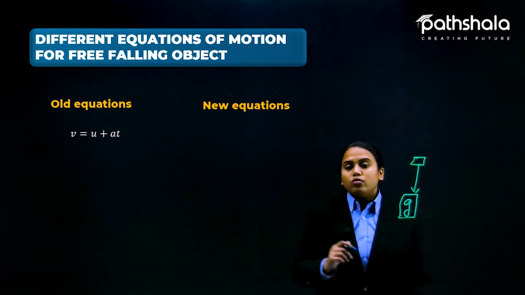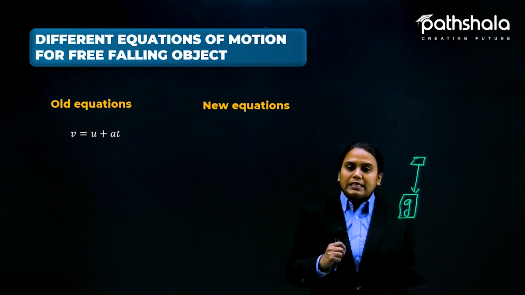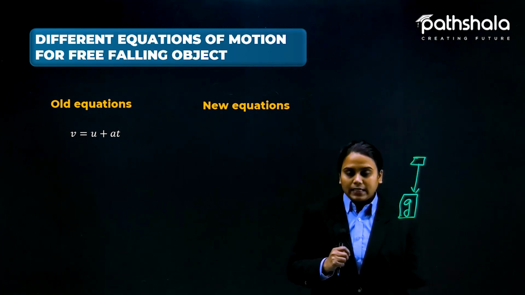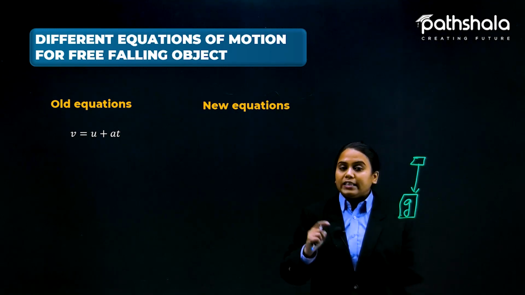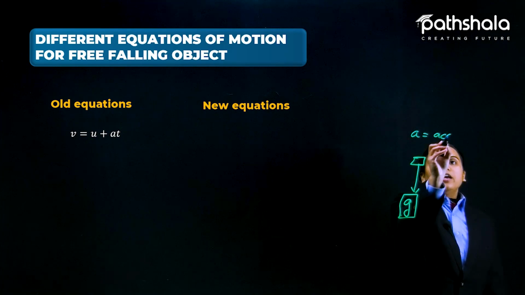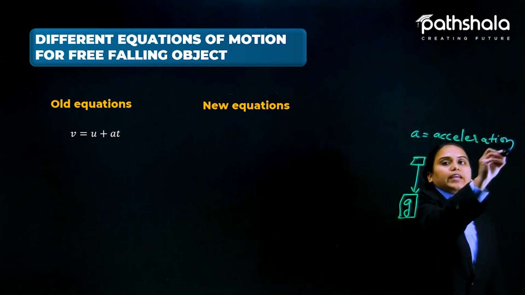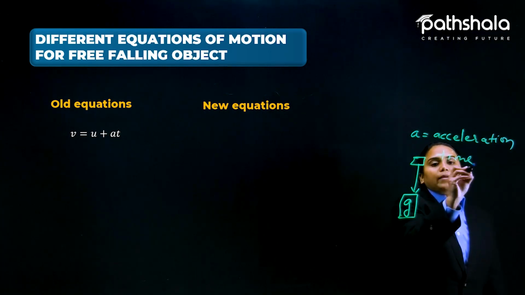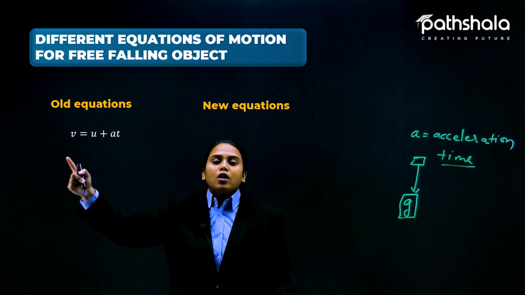The first equation of motion is v = u + at, where v is the final velocity, u is the initial velocity, a is the acceleration, and t is the time taken.